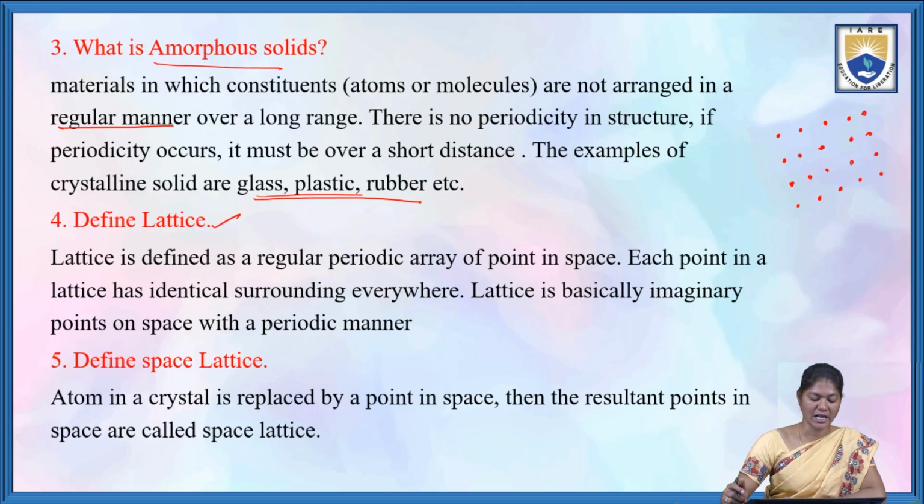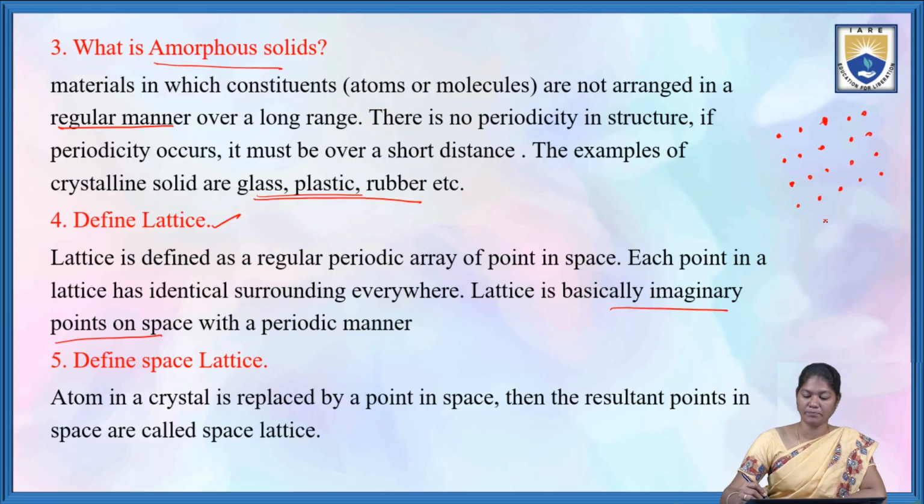When coming to the lattice, this lattice is basically imaginary points in space in a periodic manner. These imaginary points in space represent the atoms in the crystal.